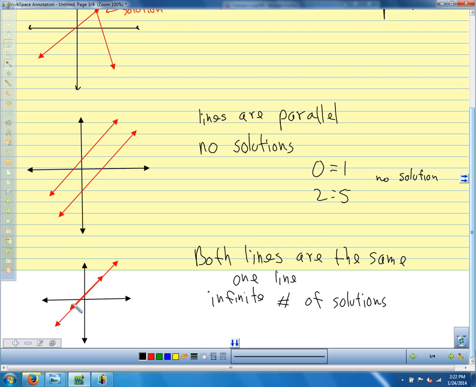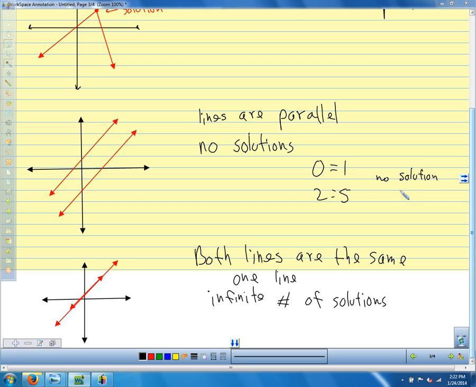Any point that's on that line is going to be a solution to that system of equations, because they're both really only one line. When we use substitution or elimination, how do we know we have an infinite number of solutions? What does our answer look like? 0 equals 0.